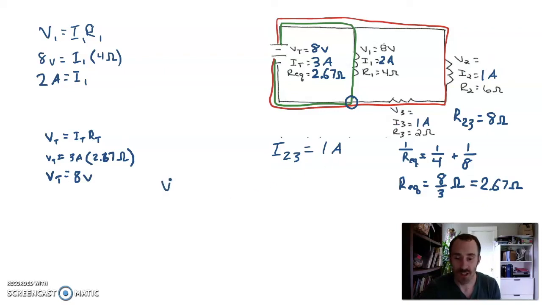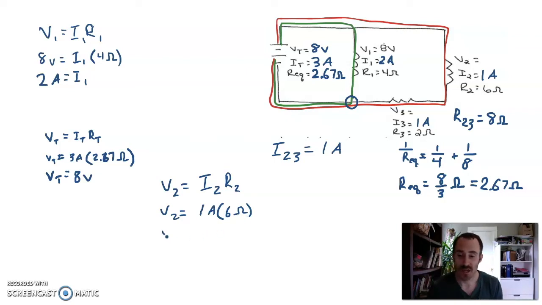So I'm going to go V2 equals I2 times R2. V2 is equal to the current going through R2, which is 1 amp, and its resistance, which is 6 ohms.